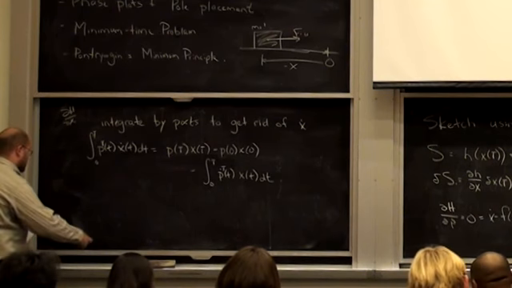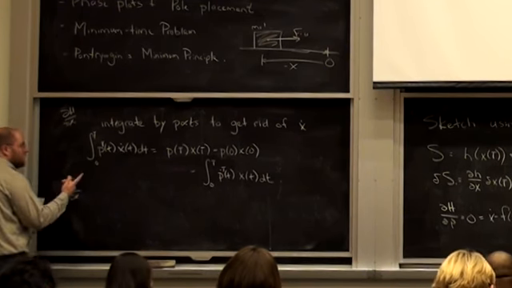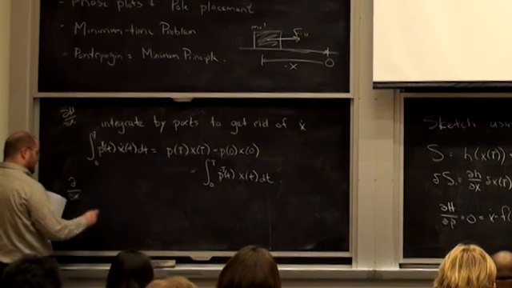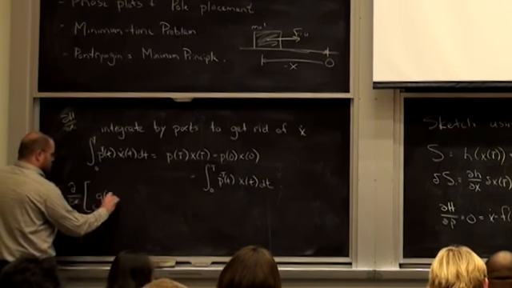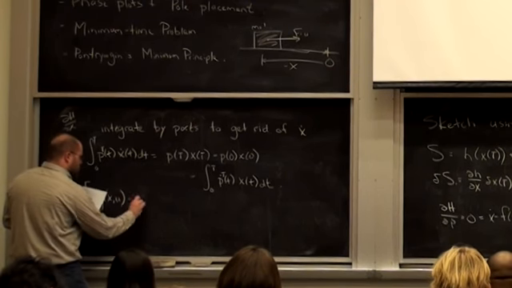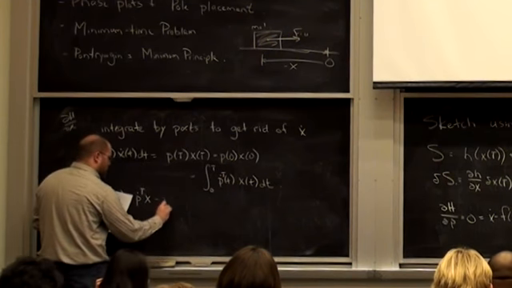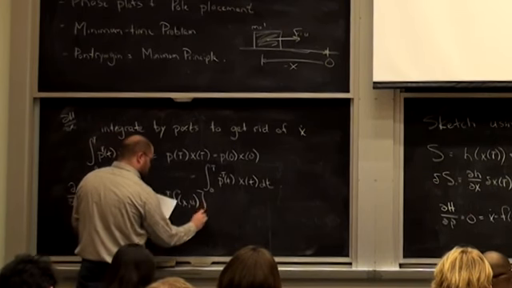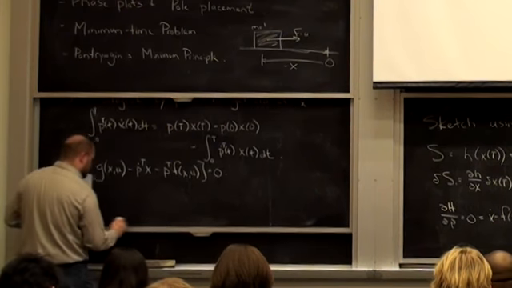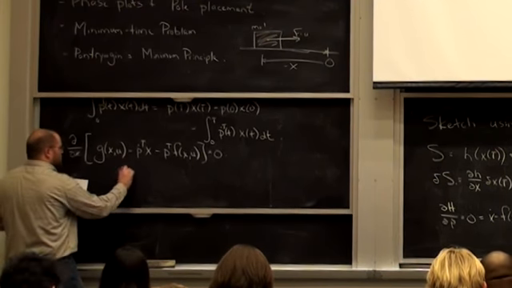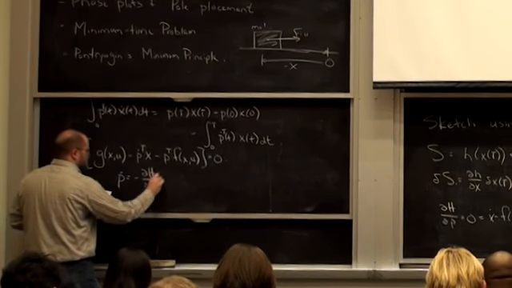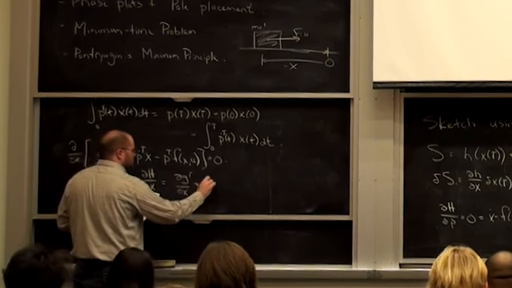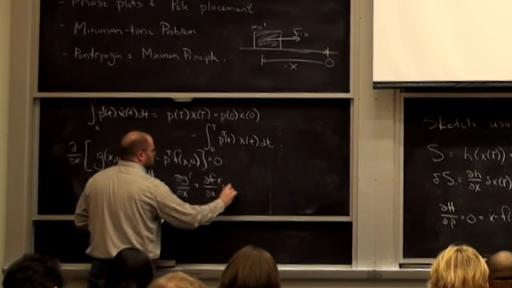Okay, if I now take my variation in partial x, having used that, what I get is partial g partial x transpose plus partial f partial x transpose p of t.